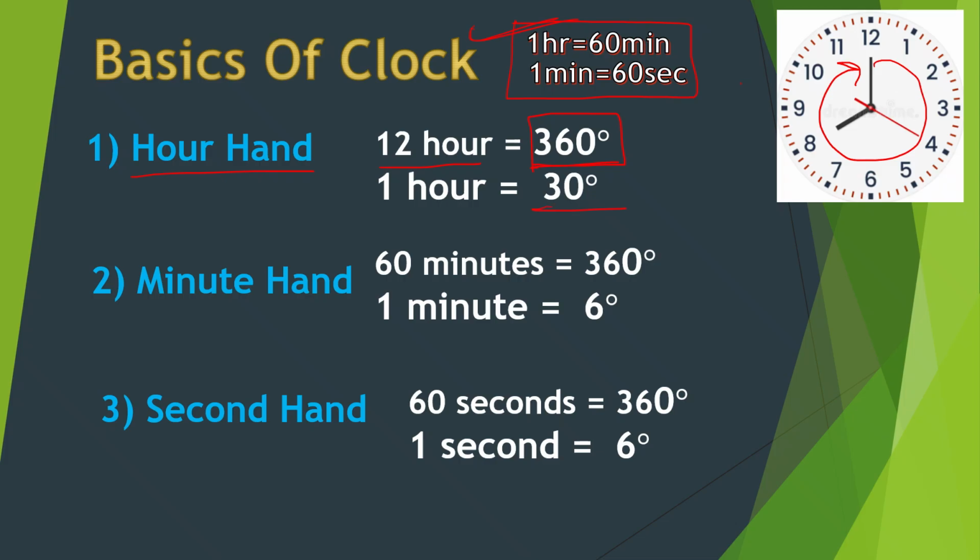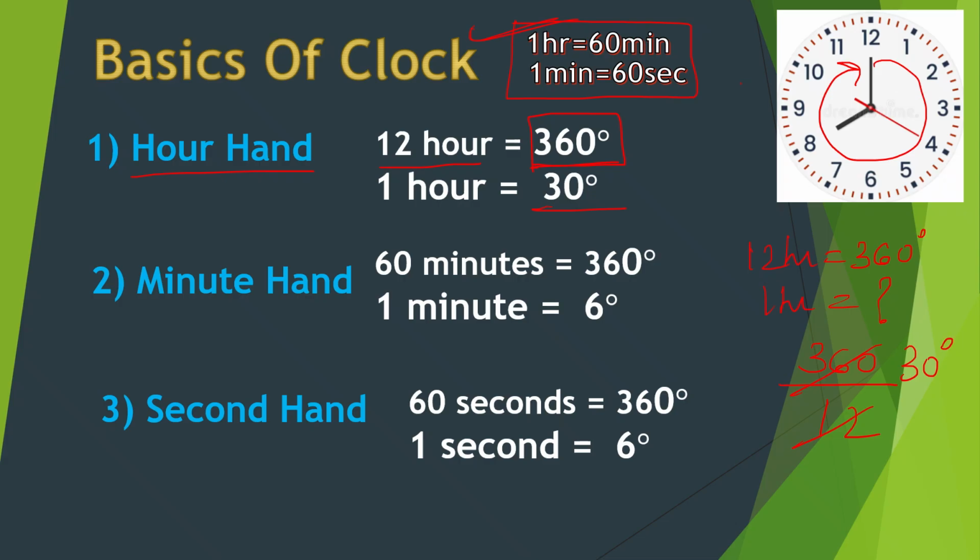How did you get 30 degree? If 12 hour is equal to 360 degree, then 1 hour is equal to what? It will be nothing but 360 divided by 12, which gives you 30 degree.